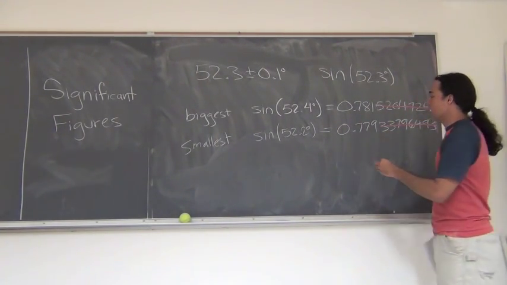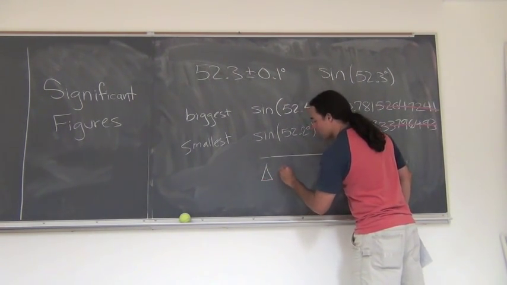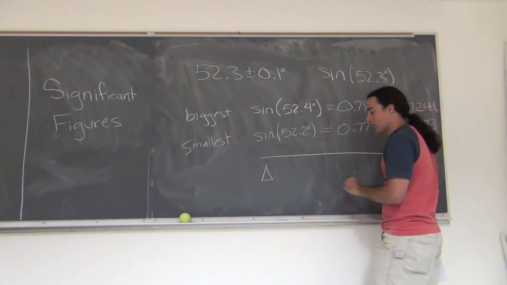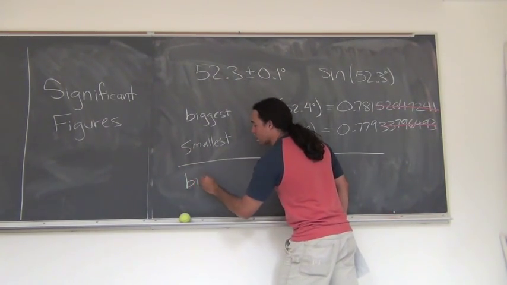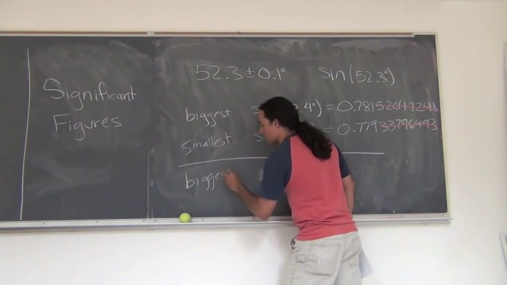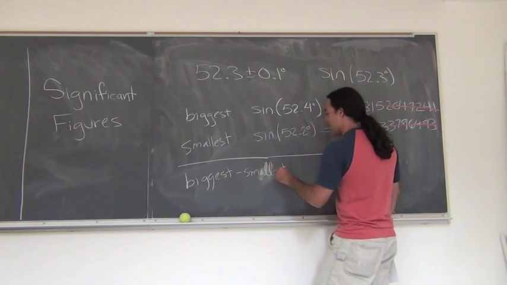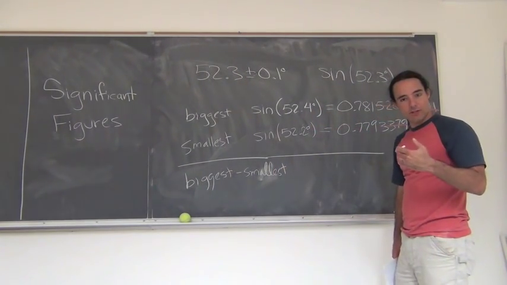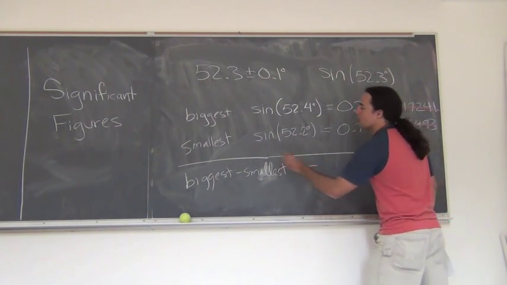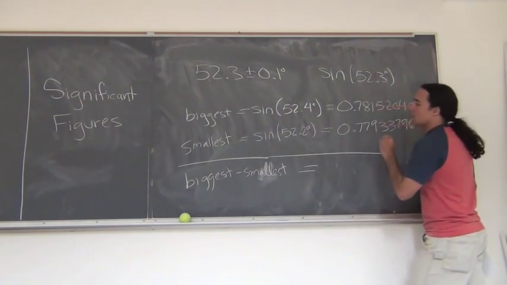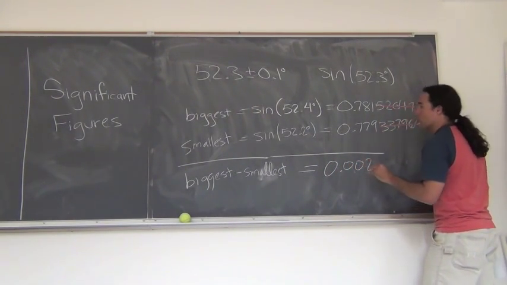Right? I can say the difference between the biggest and smallest. I'll just write this as the biggest minus the smallest. If I only keep one non-zero digit in my uncertainty, I would get 0.002.